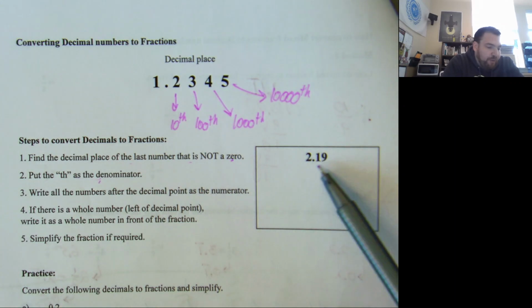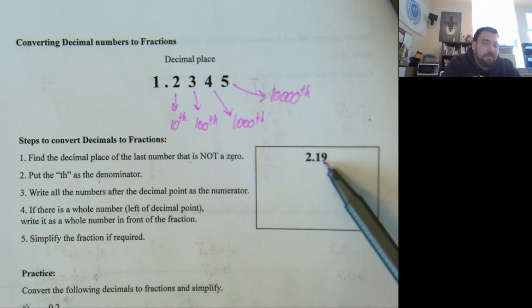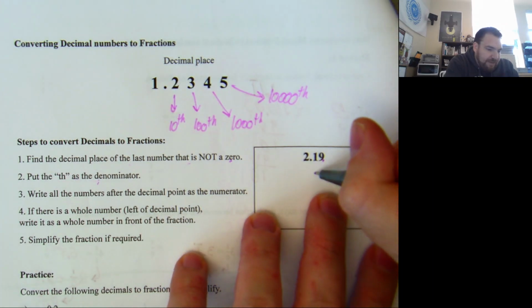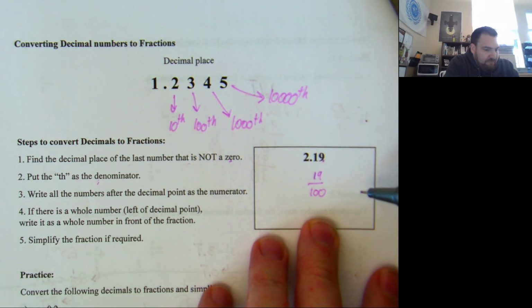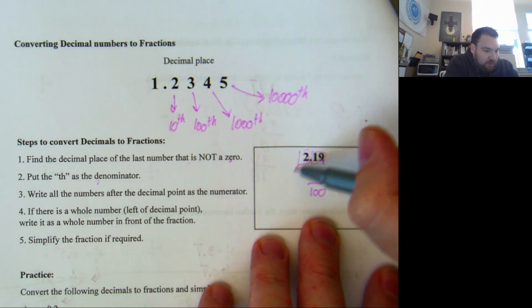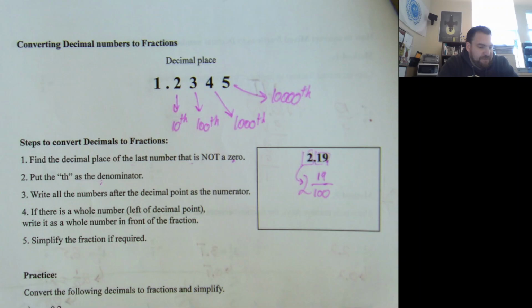So if I have 2.19, what position is the 9 in? It's in the hundredths. So this is going to become 19 over 100. It's in the hundredths, so that's your denominator. The decimal portion becomes the numerator, and that whole becomes the whole portion of a mixed fraction.